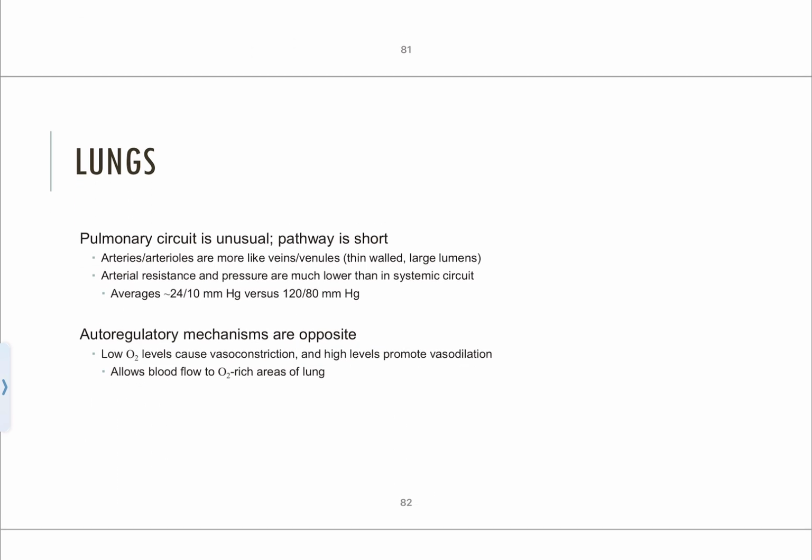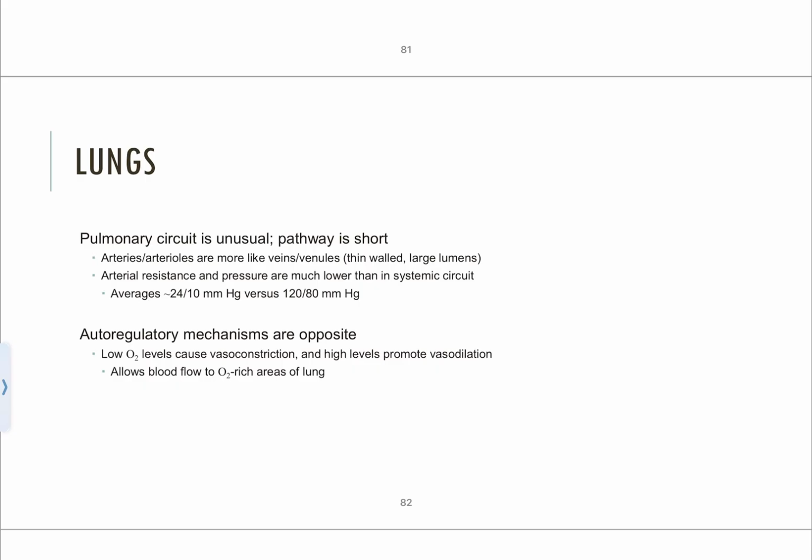Blood flow from our heart to our lungs, and from our lungs back to our heart, is our pulmonary circulation. Remember, this is a very low pressure, short circuit. Arteries and arterioles are more like the veins and venules in pulmonary circulation, meaning they're really thin-walled and have a larger lumen.